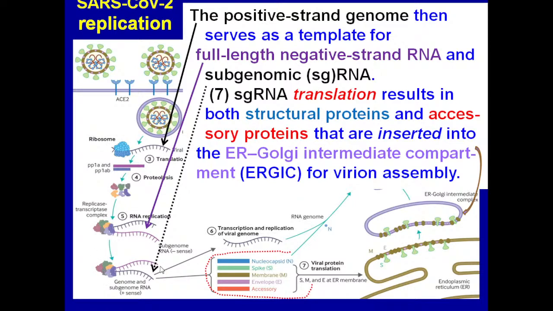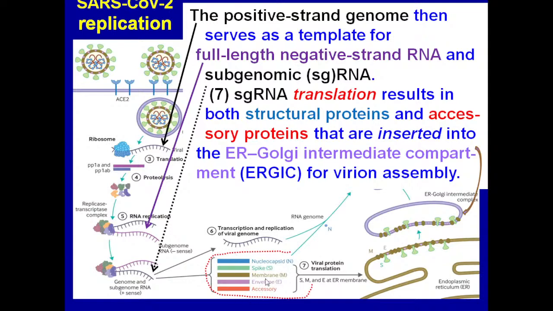So, that will be inserted into the ER-Golgi apparatus intermediate compartment that is produced, and it is called ERGIC. And the virion assembly will be performed here in this very special compartment after the translation of the viral protein.